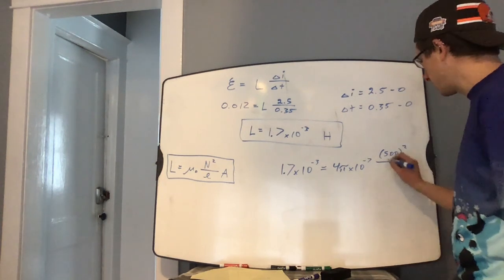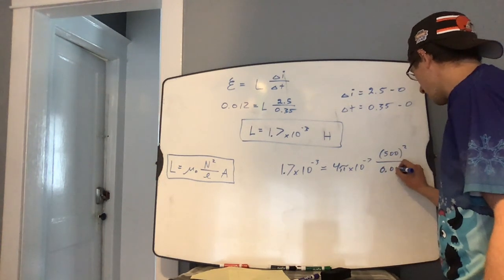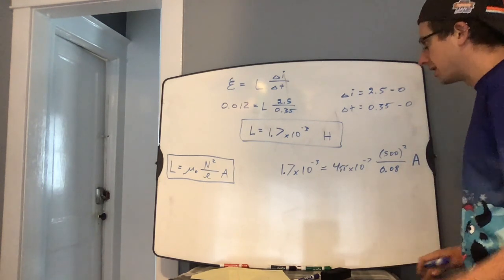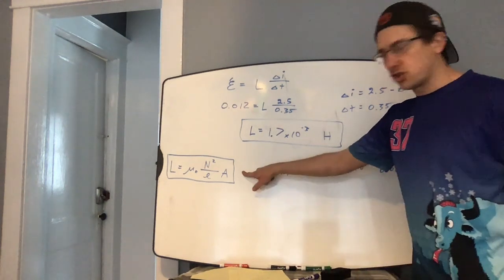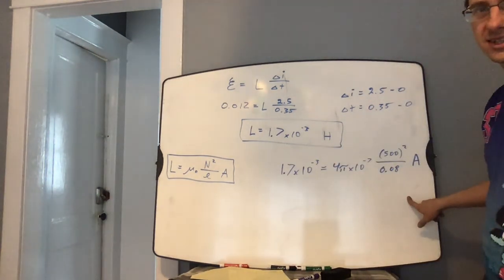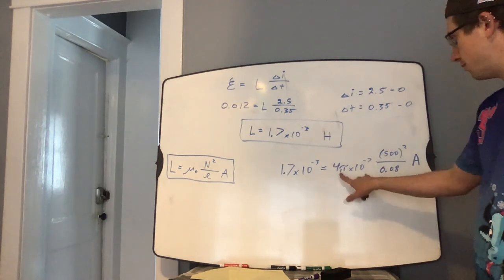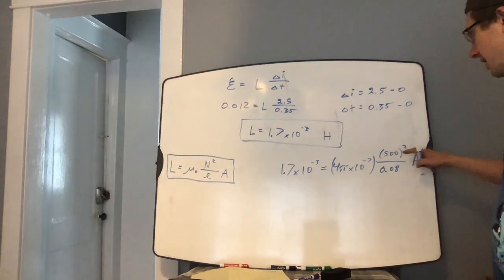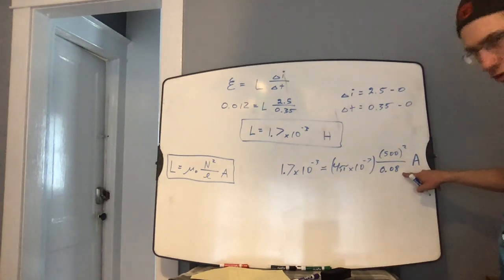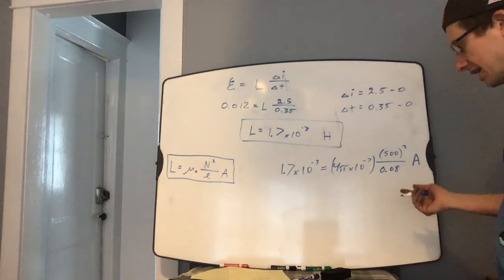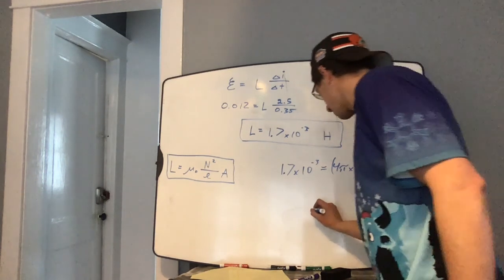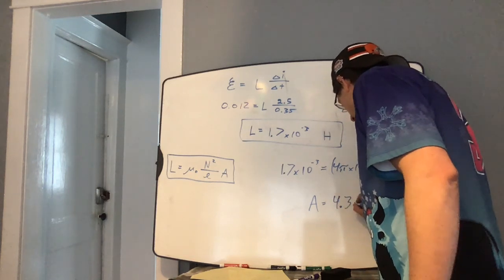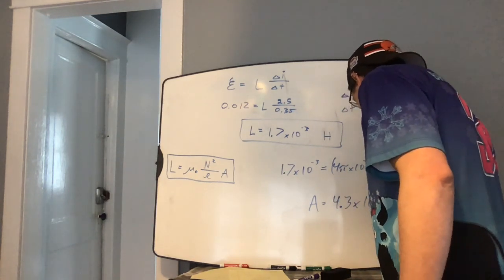We always want to work in meters, so 0.08 meters, and times the cross-sectional area. All I'm doing is plugging terms into this equation to get this line: L, mu naught, n squared, cursive L, A. And then I could solve for A, and I get the cross-sectional area of the solenoid is 4.3 times 10 to the minus 4 meters squared.